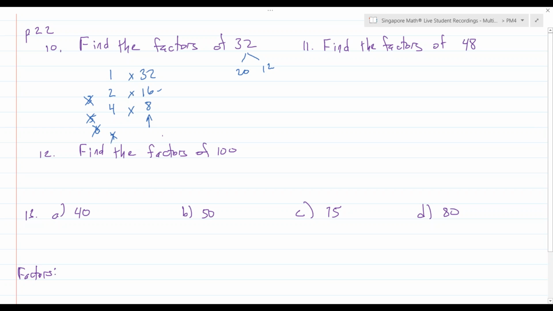And I'm already up to 8. So I know that I've tried everything I need to try. And my answers are going to be 1, 2, 4, 8, 16, and 32. You don't have to write it in the brackets. I just happen to write it that way. Those are the factors of 32.